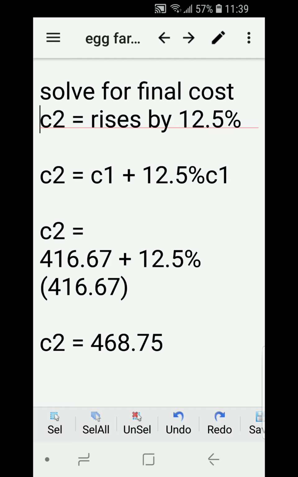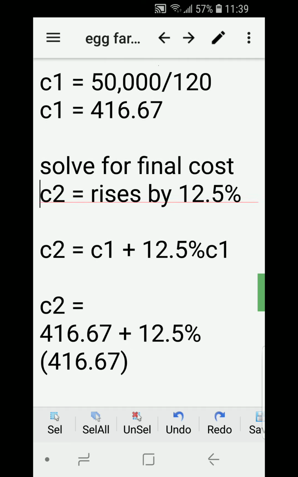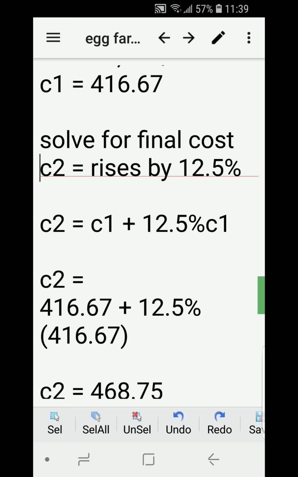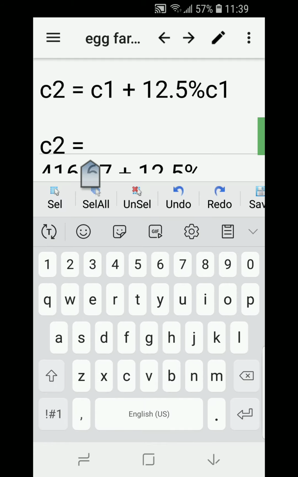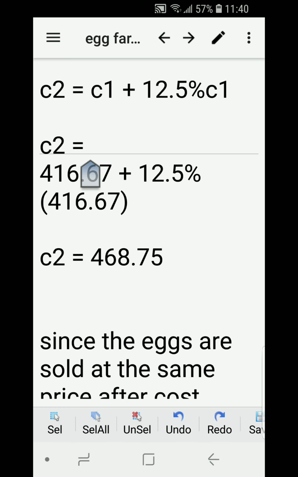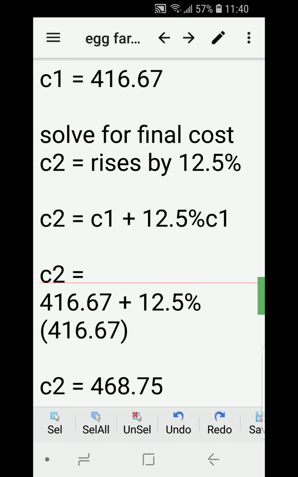So if we notice, our C1 was 416.67. So C2 is now 468.75. It's now bigger than C1.